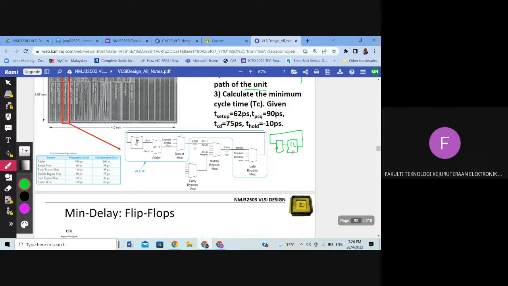So the CL is all of this. Now you can imagine we see it in the form of blocks of flip-flop (FF) and CL.